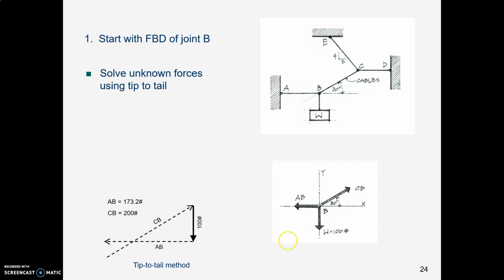What he did here was he headed off with AB in one direction at some long length, and then the slopey one, BC, is tip to tail at some long length, and wherever those lines intersect will tell you the magnitude of force AB and BC. He calls them CB. So there are the numbers.